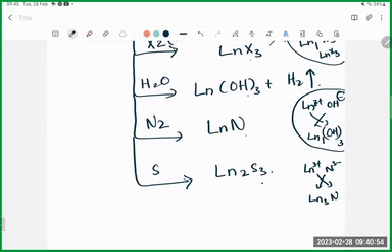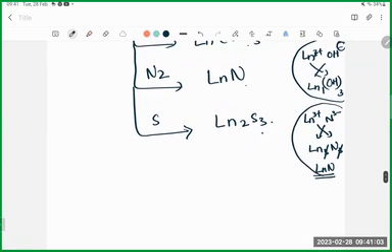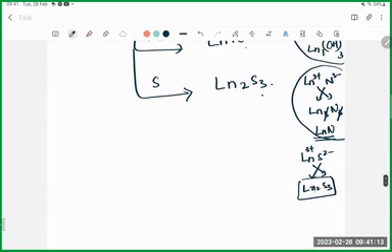Ln3, N3, so both the 3 and 3, being divisible numbers, get cancelled. What we get as the formula is LnN. Similarly, we have Ln and sulfide, 3 plus and 2 minus. So crisscross, what do you get? Ln2S3. Did you understand? 2 and 3 are not divisible, different numbers. One is odd and one is even, right? So we cannot divide it. Did you understand?